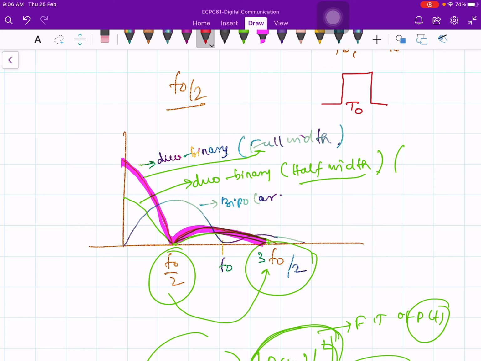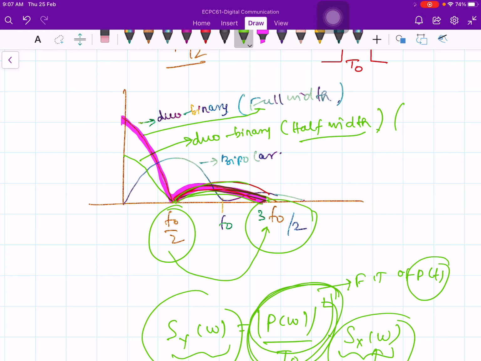What we find is that the side lobe levels have considerably reduced compared to the half width pulse. So this green color is a little higher, and the full width pulse is slightly lower.